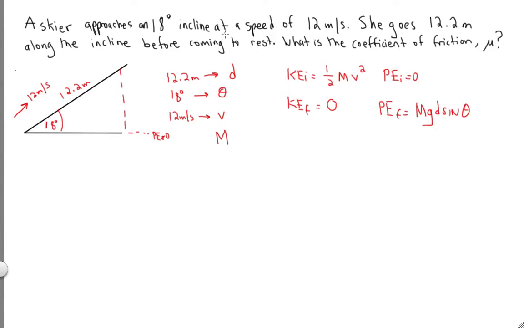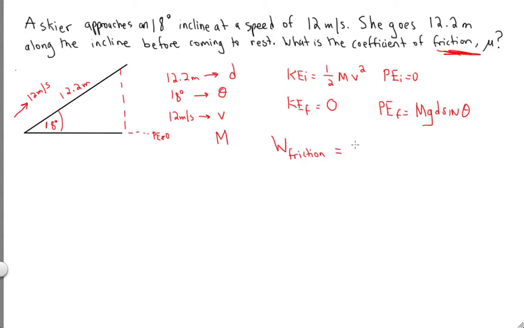Okay. Now, we can't just use the conservation of energy approach that we're accustomed to, where KE initial plus PE initial equals KE final plus PE final, because there's a non-conservative force acting on the system, and that's friction. And we're trying to find the coefficient of friction. So let's calculate the work done by friction.